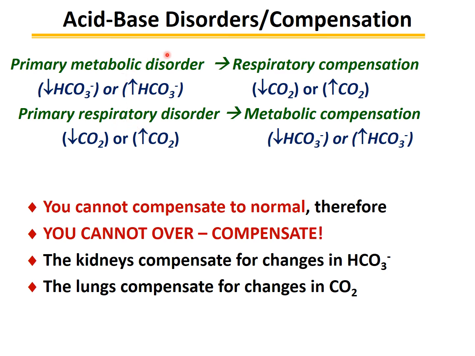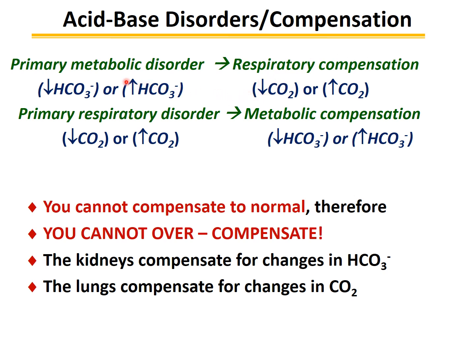For sure, then another system, for example, when we have a metabolic disorder, the respiration is going to compensate for it. If we have a primary metabolic acidosis, for sure the compensation will be a respiratory alkalosis. So we are going to decrease the PCO2 level.